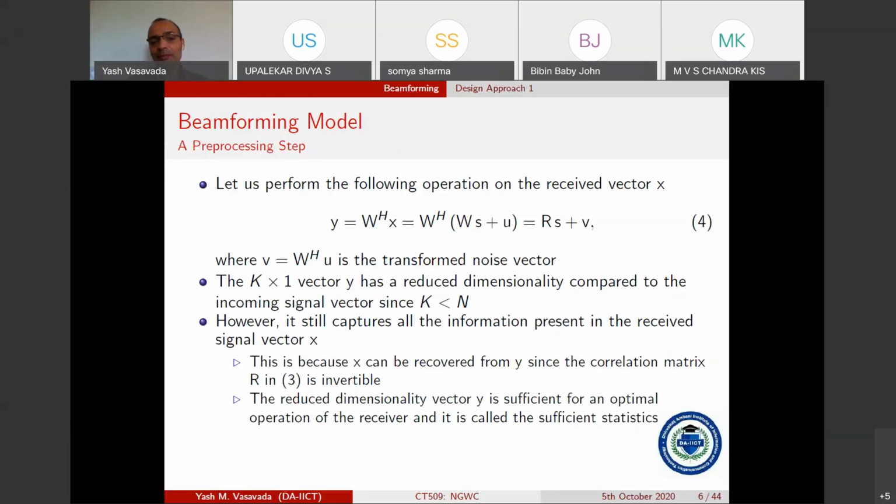Basically, Y is a compact definition of our received signal. It is succinct. It is kind of condensed, and that compression in the dimensionality is obtained without losing any performance aspects.